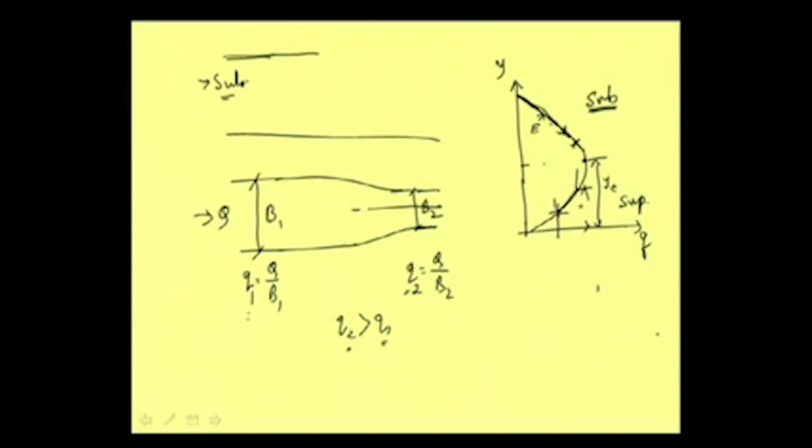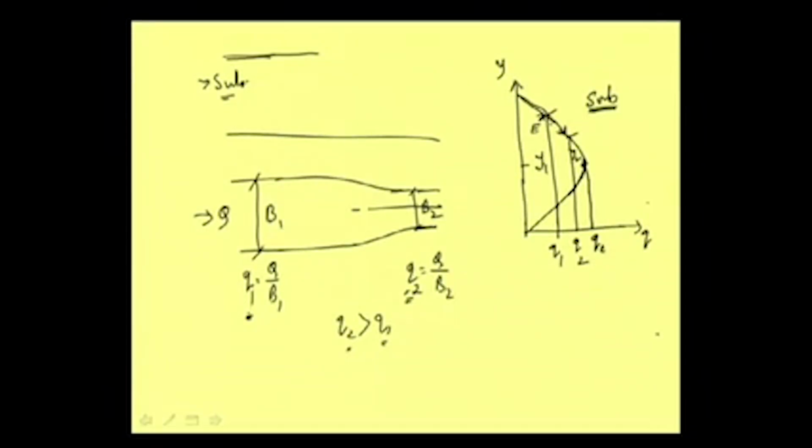Say this is my y1, where Q is this one. We are talking about subcritical flow. So, this is the y1 and this is the y2. Q1 is this one and Q2 is this one.